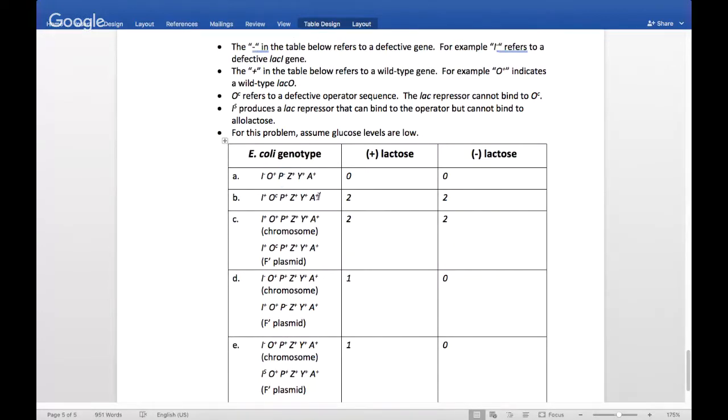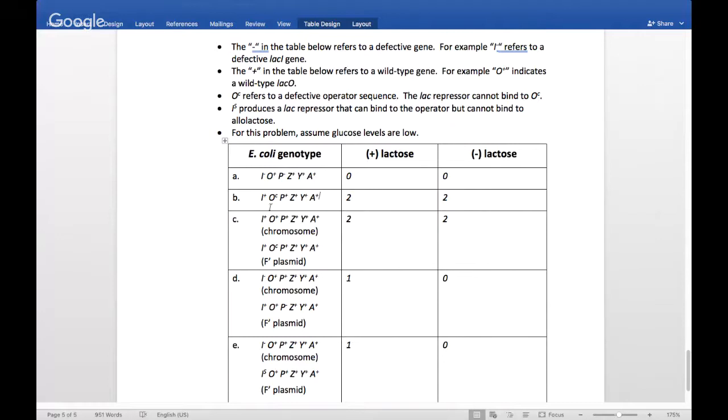Okay, in case B, we see that all of the genes are positive for wild type, and that the operator sequence is defective. But it's defective in the case that the lac repressor can't bind to it, meaning that RNA polymerase has nothing to get in its way to keep it from transcribing.